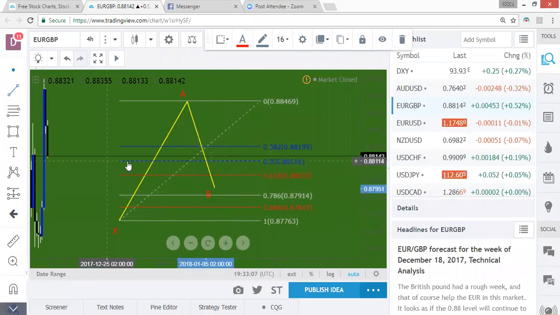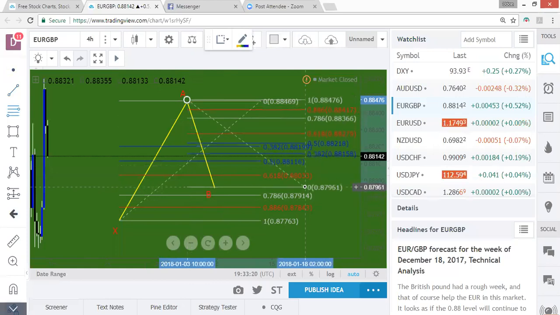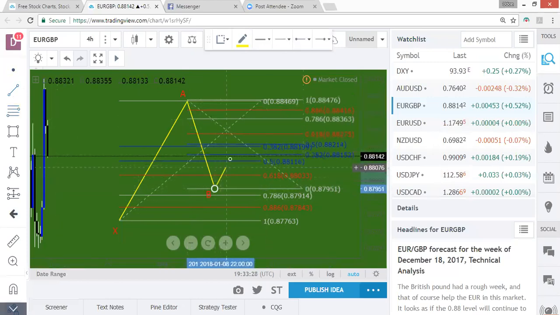After we've identified that B has completed, has not touched our 786, has hit our 618, we break out the Fibonacci retracement. We go from A to B. And we're looking for this guy to pull back all the way to the 618 again.